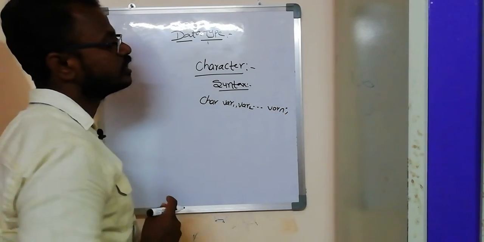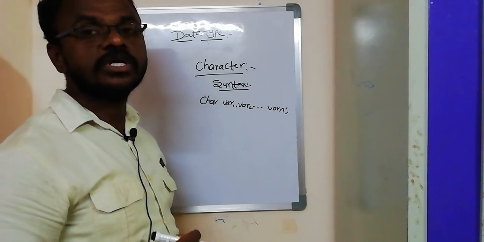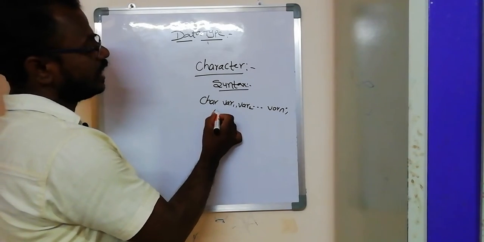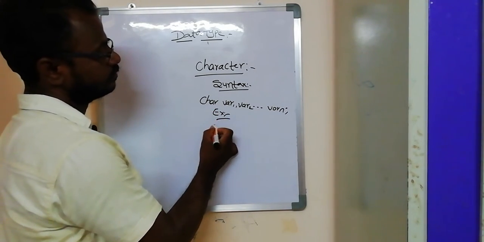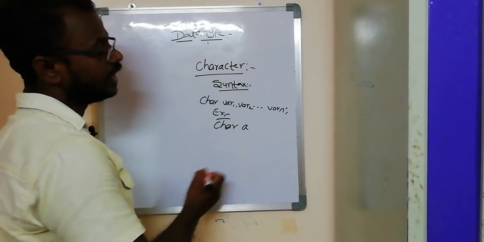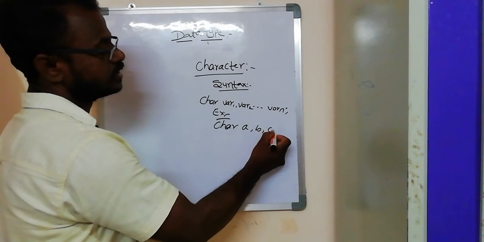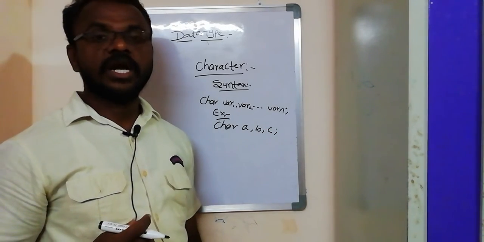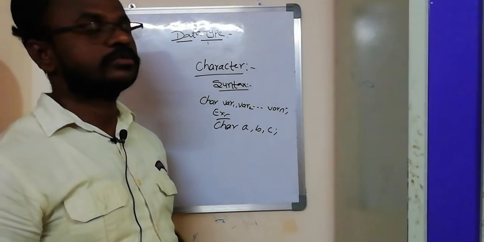After completion of the statement, we must use the semicolon to terminate the statement. Given the example: char A1, B, C. This is the syntax about the character and the example.